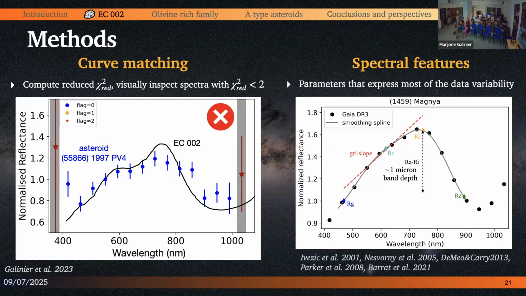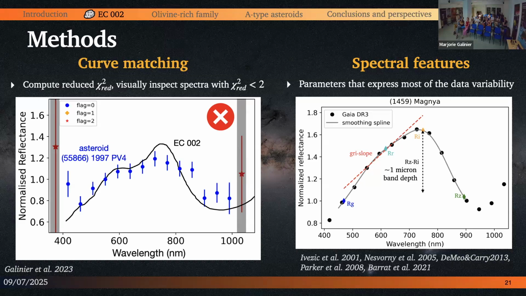Then we used the second method, the analysis of spectral features. The spectral features are parameters that express most of the data variability. Here we took into account the slope of the spectrum between 500 and 750 nanometers, and the depth of the band around 1 micron.